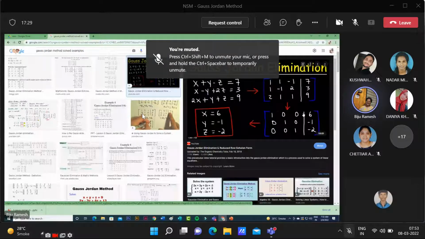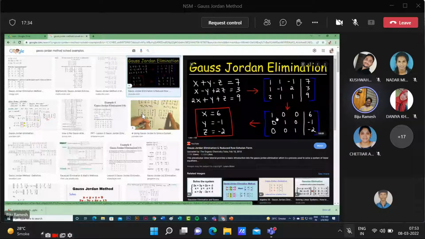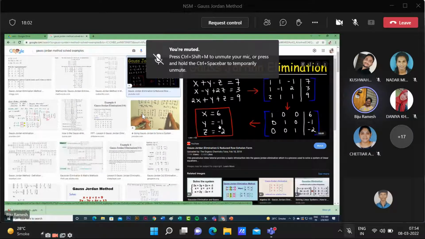The variable of the first column will be x1, the second x2, the third x3. Whatever you are getting in the fourth column will be your answer. Here X1 is 6, X2 is -1, X3 is -2, or here they have used X, Y, Z.